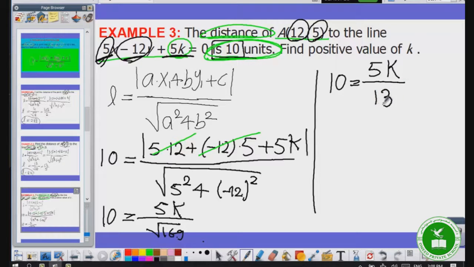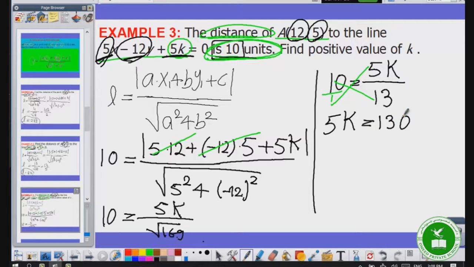Okay, it becomes 13. Now cross product. We just multiply this way and this way. From here, 10 into 13, 5k into 1. So 5k is equal to 130.